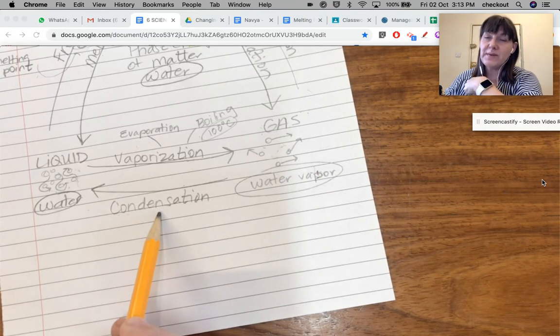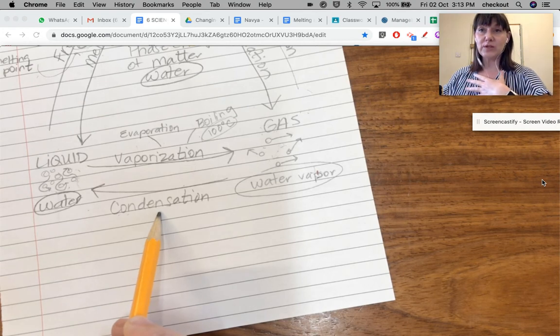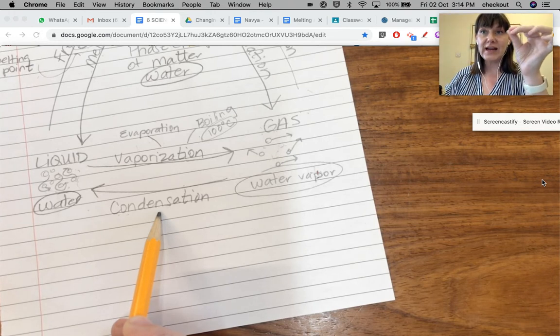I'm sure all of you have been somewhere where it's been kind of cold outside and you can see your breath. What you're really seeing is the condensation of the water vapor that was in your breath. That water vapor is warm inside your body, and when you breathe out, it cools and loses thermal energy and turns into little tiny water droplets that you see. It looks like a cloud.